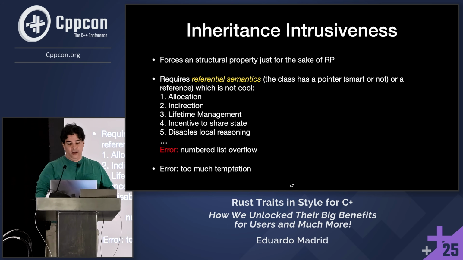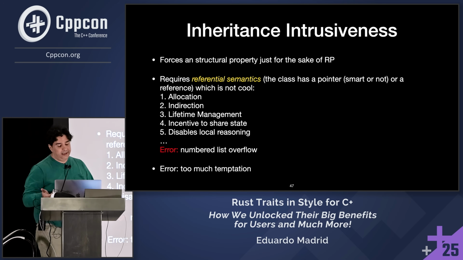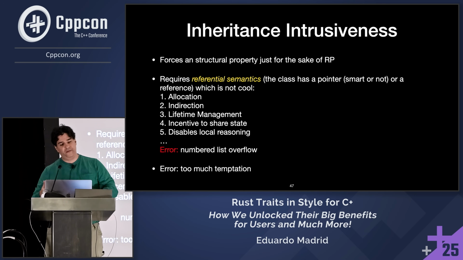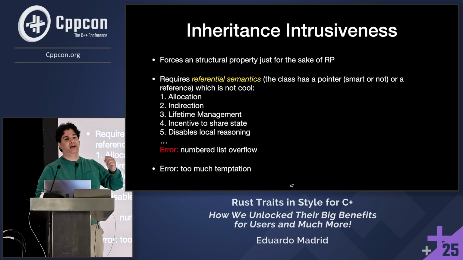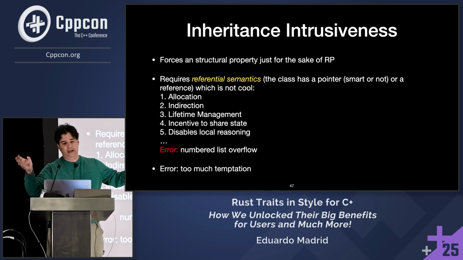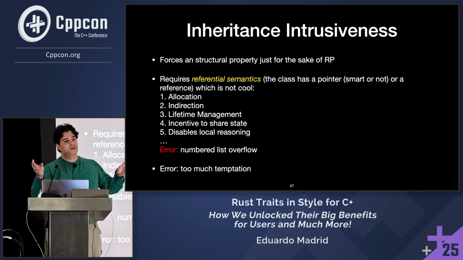Well, okay. Another problem that I just showed you concerning the slicing is that this forces referential semantics. So not just that you have an indirection that requires an allocation and a lifetime management explicitly and so on, right? But that you're working with a reference, and that incentivizes sharing the state, disables local reasoning, and a host of other problems.